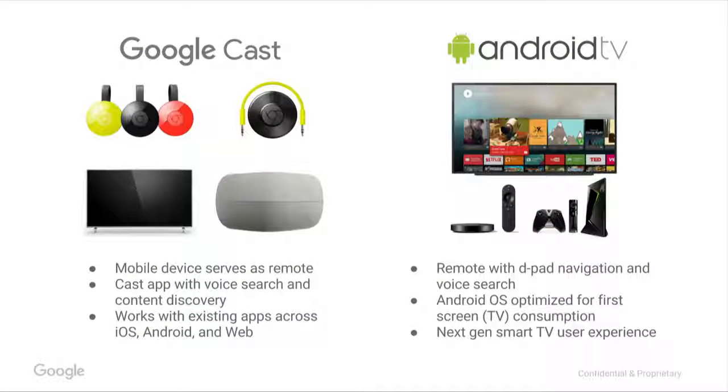But also with Cast built in, we see that oftentimes in families, for example, the kids like to just cast the content from their iPad or their Android phone to the Android TV device, while the parents might like to use the remote control. And so the nice thing about Android TV is combining the different approaches to interact with the TV.